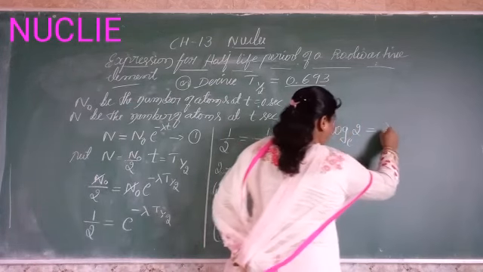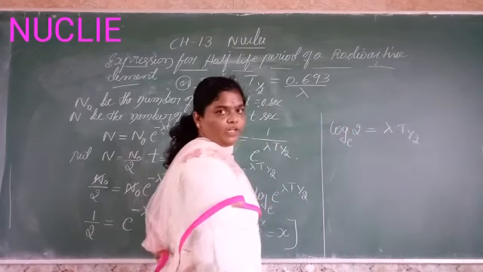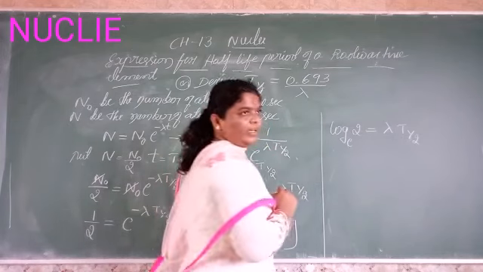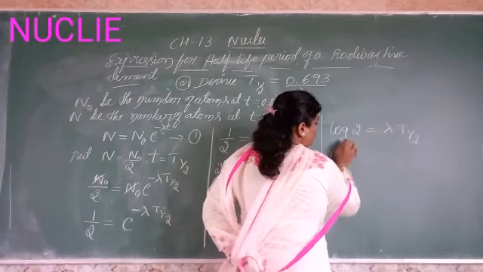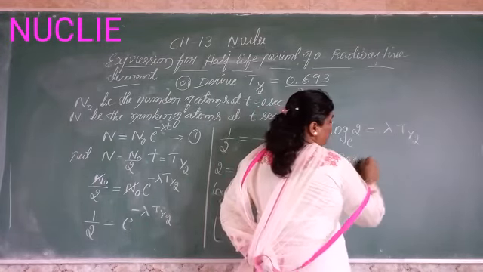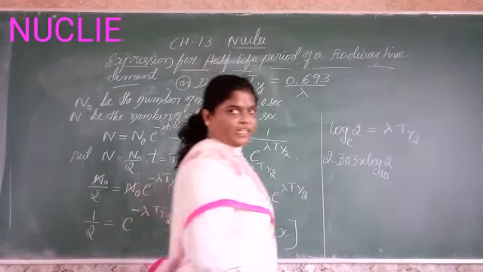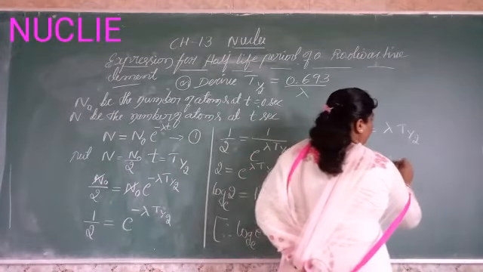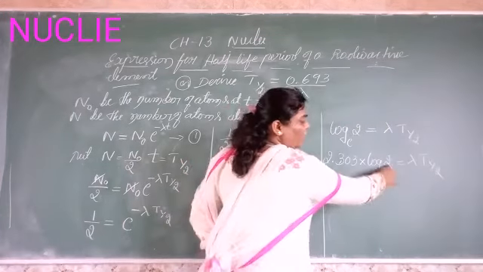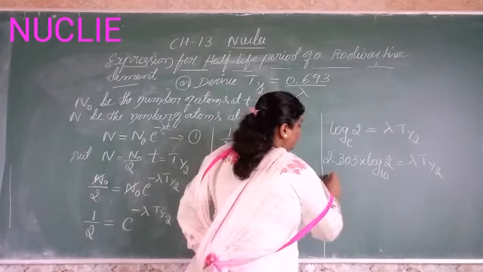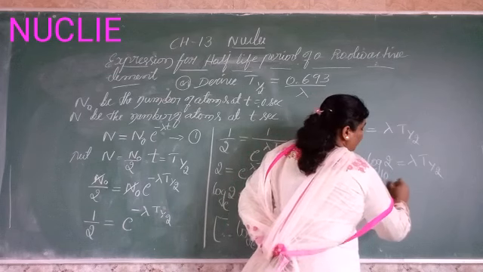That is the x form, which gives lambda into T half. Now to give the value of log base e of 2, we convert log base e to log base 10: 2.303 into log base 10 of 2 is equal to lambda T half.